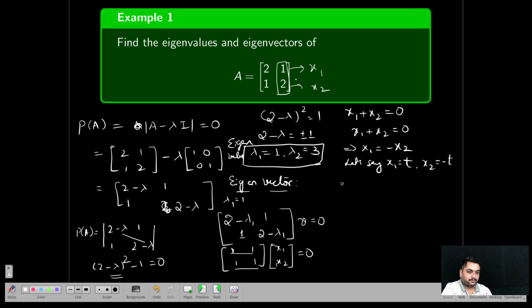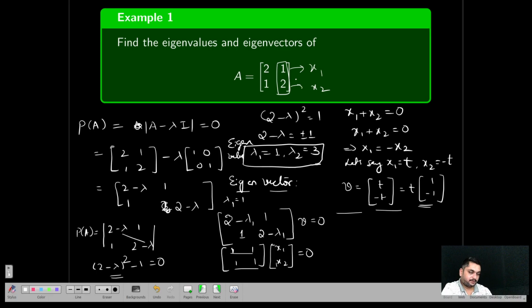The eigenvector v is x1 is t, this is minus t. That means t times (1, minus 1). So this is my eigenvector. T here scales. Scale means if I put t equal to 2, it will be 2 and minus 2, which is another eigenvector, an integral multiple of t. That is the meaning.